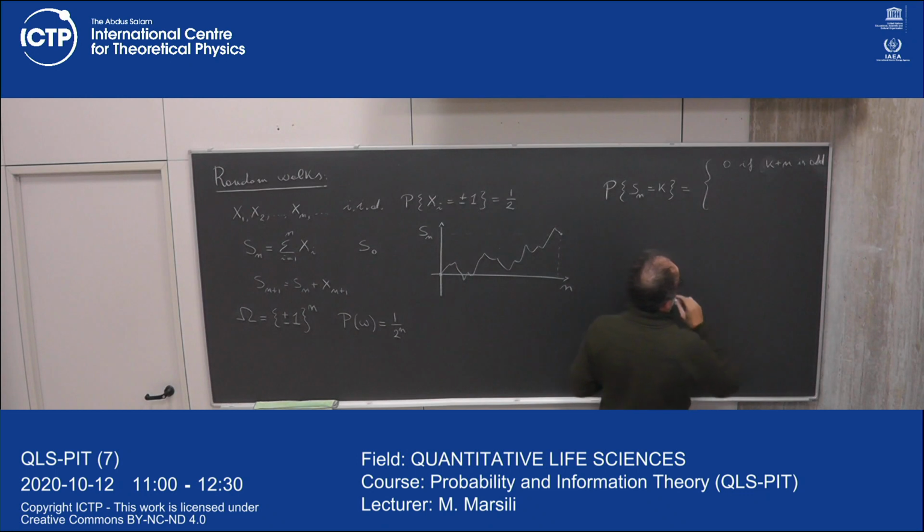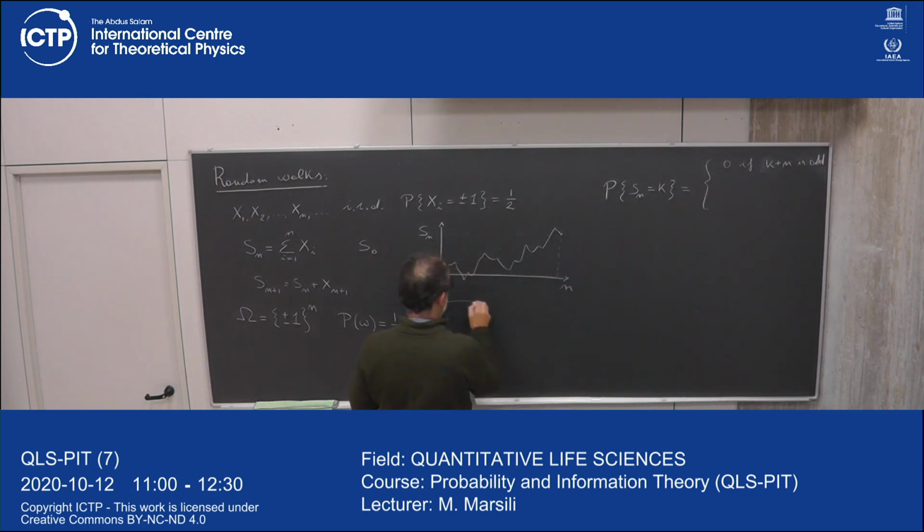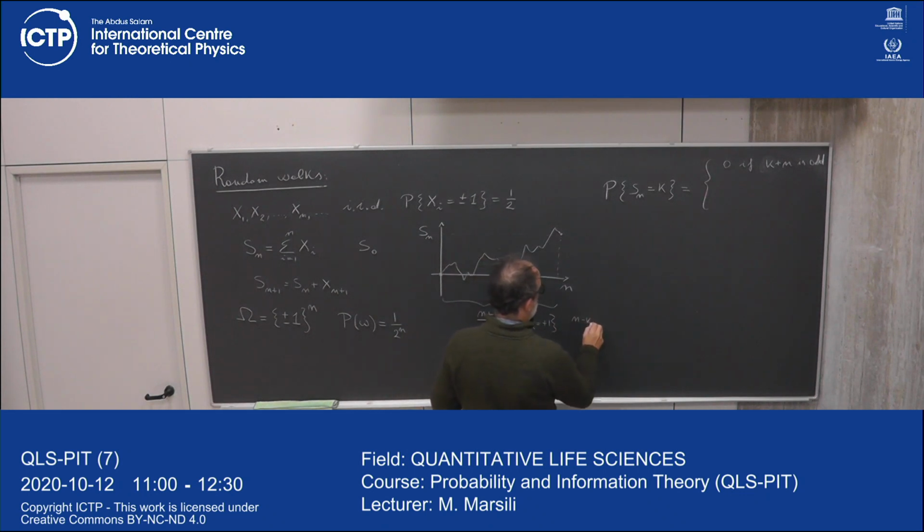And if k plus n is even, then in this random walk you should have (n plus k) divided by 2 steps which are positive, so variables xi which are equal to plus 1, and (n minus k) divided by 2 steps which go down.